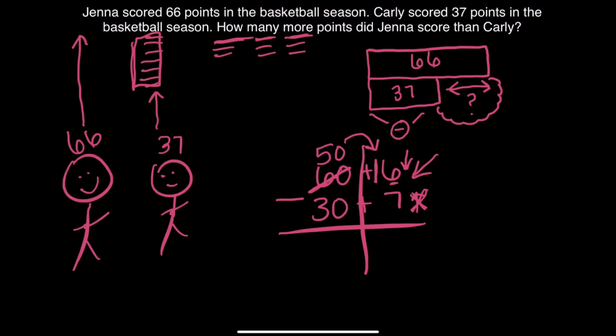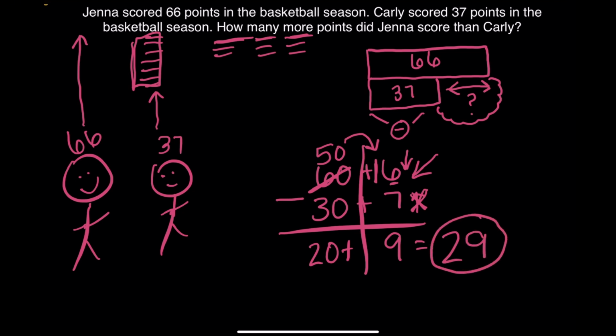Okay, so 16 take away 7 is going to equal 9. 50 minus 30 equals, do you know? It's 20. 20 plus 9 equals 29. That means Jenna scored 29 more points than Carly did in the basketball season.